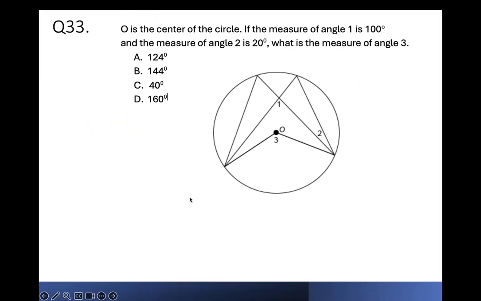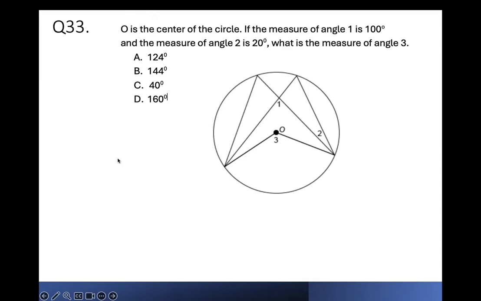O is the center of a circle. If the measure of angle 1 is 100 and the measure of angle 2 is 20, what is the measure of angle 3? This is testing specific information on circles, and you have to know it for your SAT. What do you think? Pause the video, answer it on your own, and then let me know. You picked your answer?